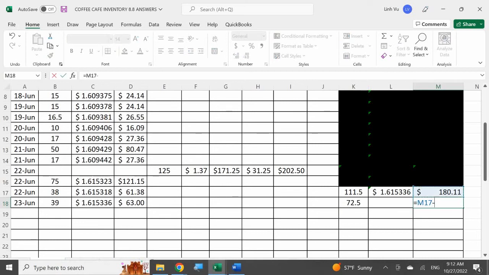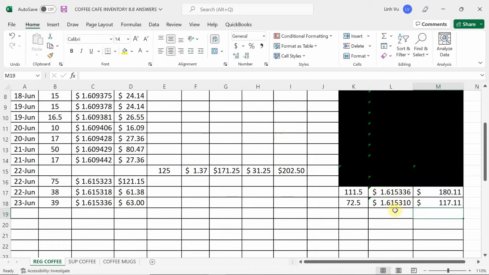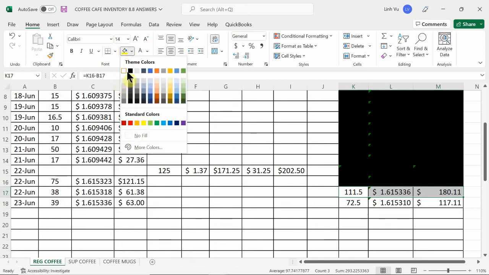At 180.11 minus exactly 63 even. 117.11. So that changed your cost per item. Ooh, it dropped down to 6,153.10. So it dropped about 10,000th of a penny, or 2,000th of a penny. So I'm gonna hide this.